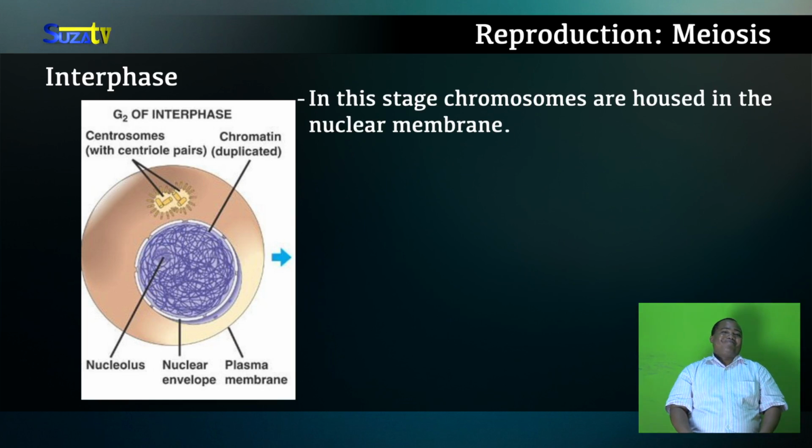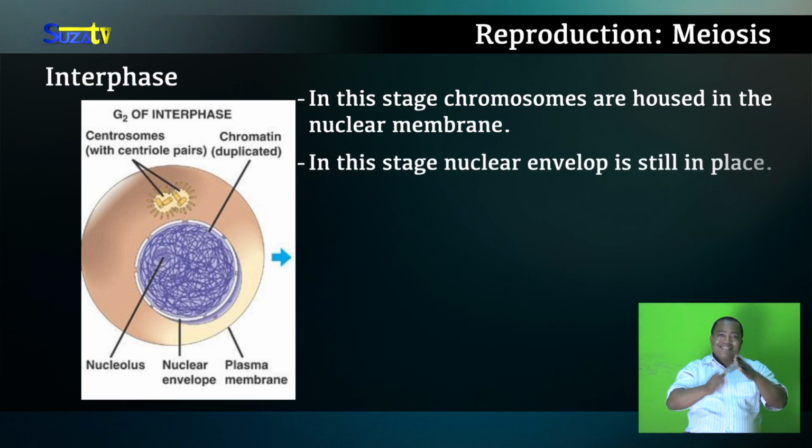In this stage, chromosomes are housed in the nuclear membrane. And lastly, in this stage, the nuclear envelope is still in place.